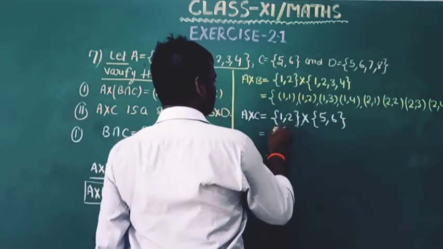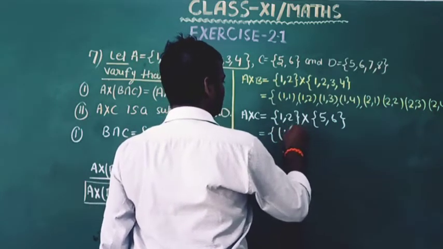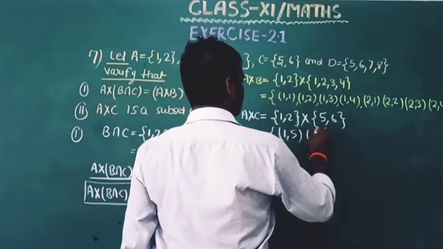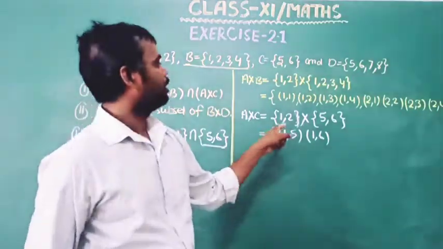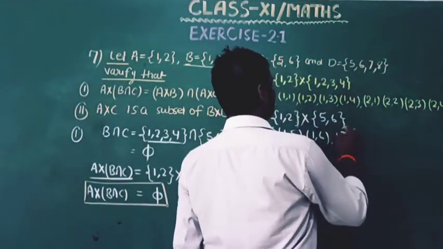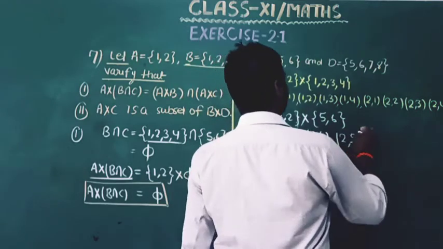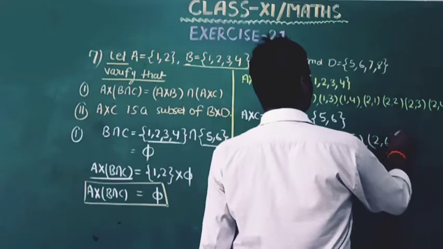Therefore the ordered pairs are 1, 5; 1, 6; 2, 5; and 2, 6.